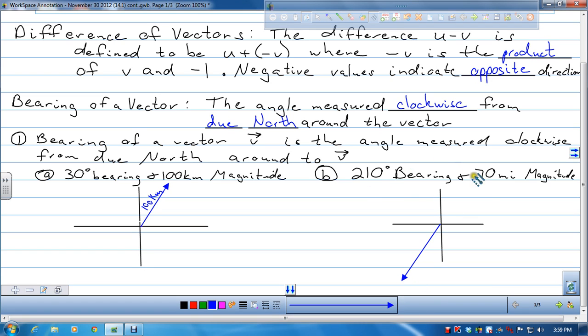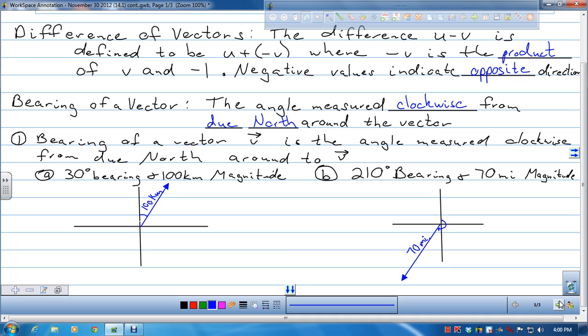That would be about 210 degrees, with a magnitude of 70 miles. So that gives you an idea of how we're measuring here. That was our 30 degrees, and this is our 210 degrees. We measure that from due north. We'll be dealing with these directions as we continue through here.